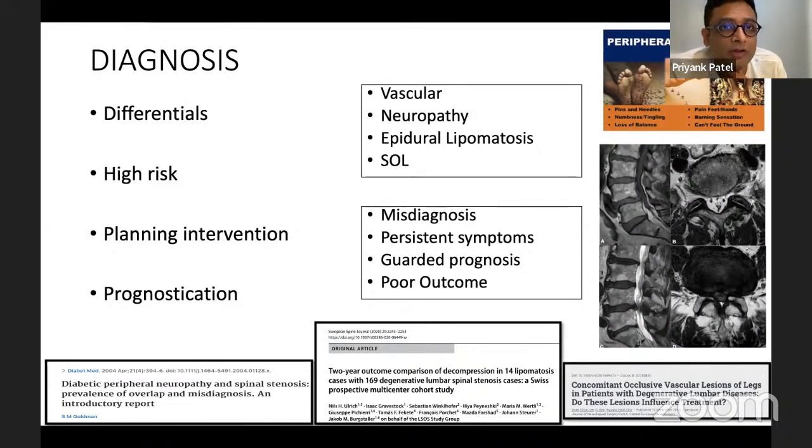So when you do a decompression surgery in a patient with pre-existing peripheral neuropathy and claudication, a very good way of telling the patient is that all the symptoms they feel after standing up will go away after the surgery, and the ones they feel while lying down will most likely remain. Perfect.